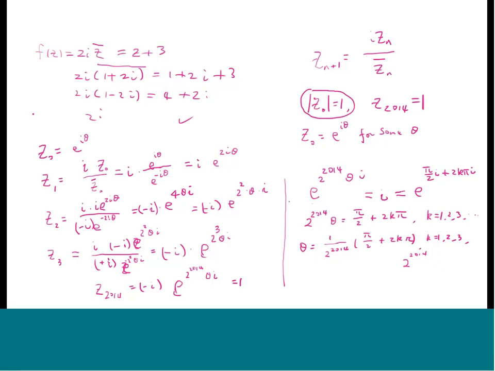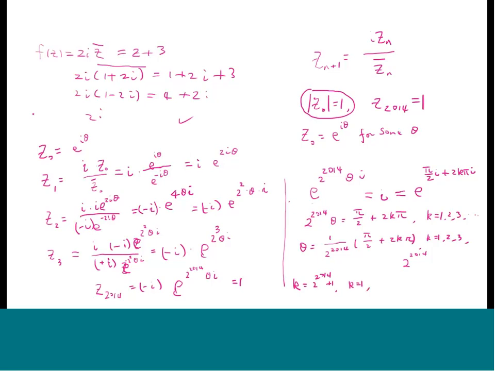Okay, let me explain what I mean. So theta equals 2 to the 2014, and if K is plus 1 and K equals 1, it's the same thing. Sorry, K equals that. So for K equals 2014 plus 1 and K equals 1, then we'll give you the same theta.